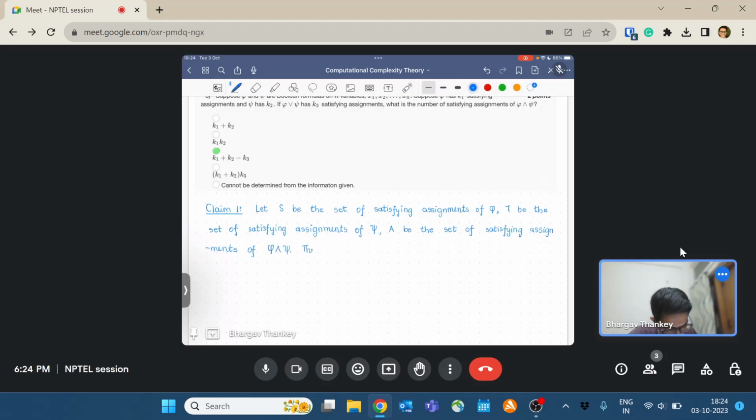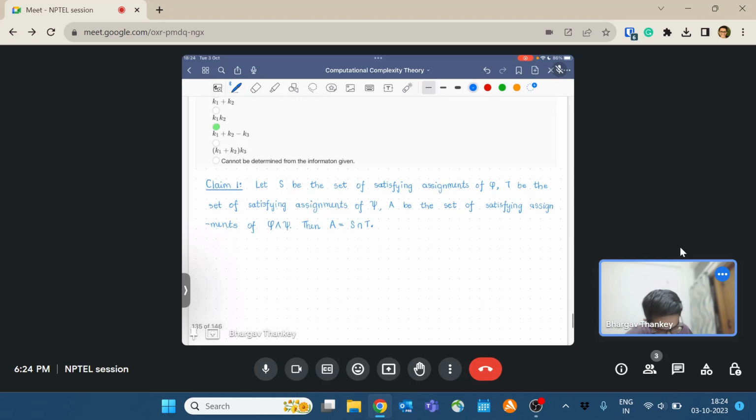Then A is S intersection T. Okay, so let's first prove this claim.